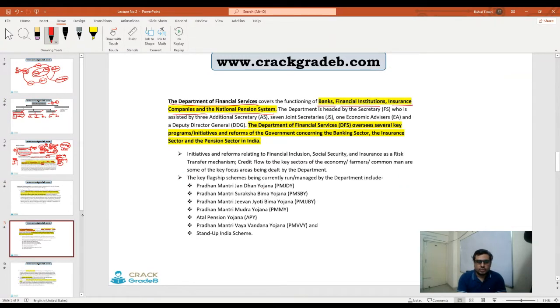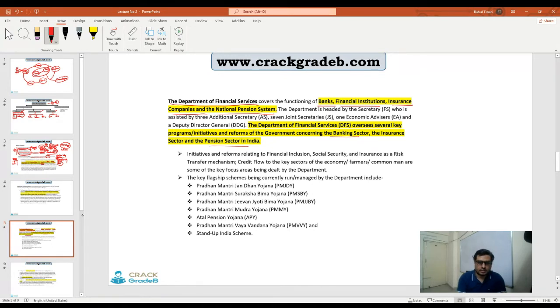Banks, financial institutions, insurance companies, national pension system: the department is headed by whom? Secretary, additional secretary. The Department of Financial Services oversees all key programs, initiatives, and reforms of the government concerning the banking sector, insurance sector, and pension sector. All these sectors come under this department.